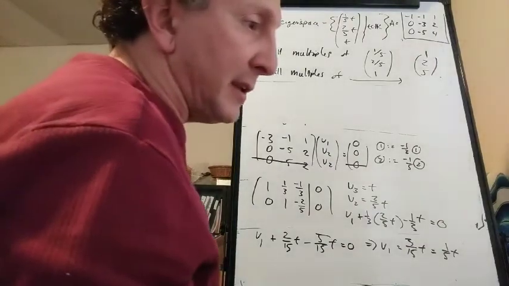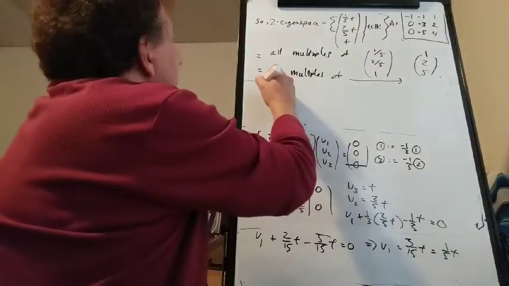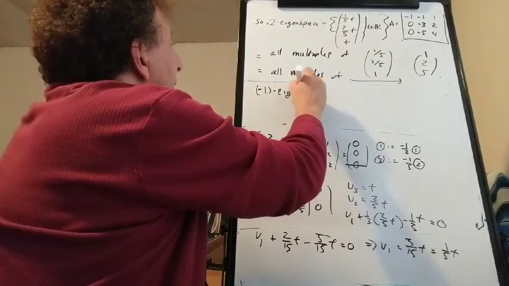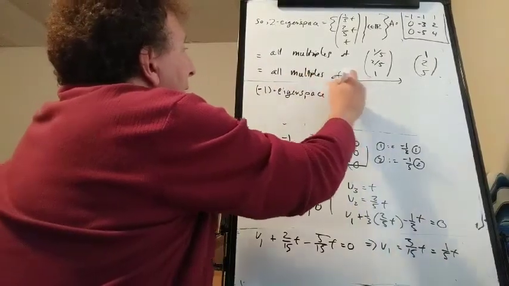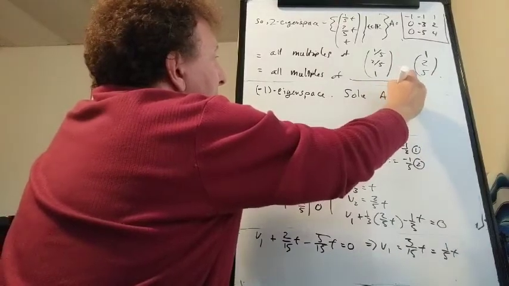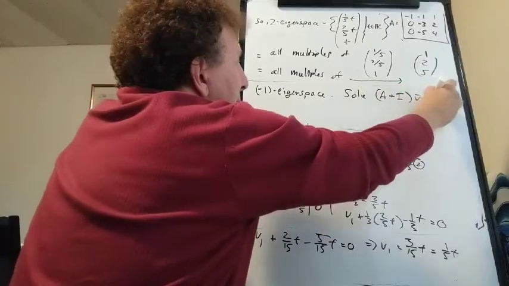Now let's look at the negative 1 eigenspace. So we'll solve A minus lambda I, which is A plus I, times v equals 0.